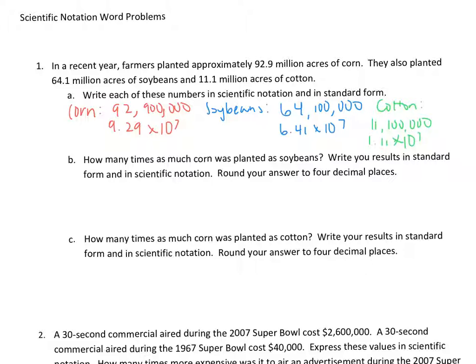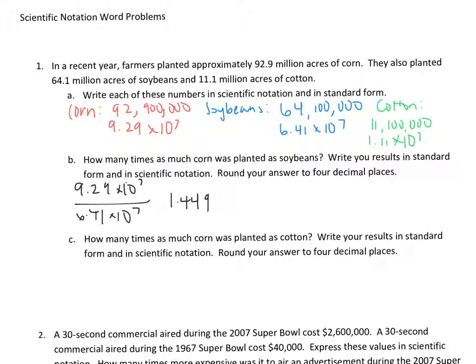So if I look strictly at the scientific notation, 9.29 times 10 to the 7th divided by 6.41 times 10 to the 7th.